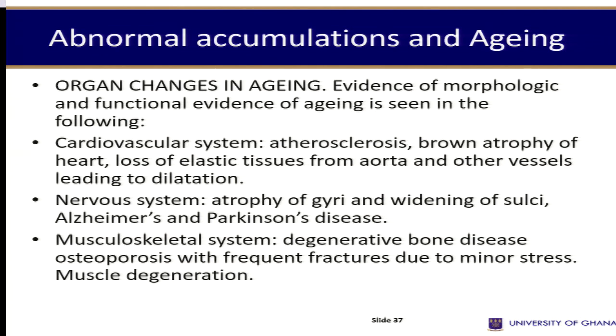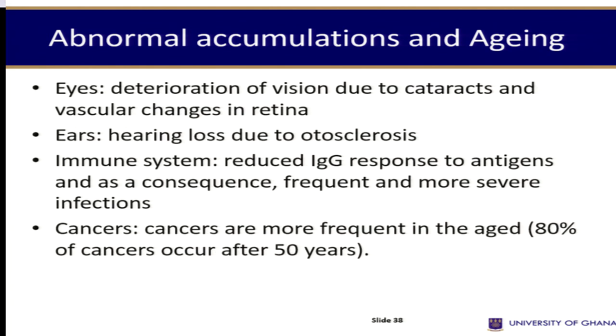What are the changes in the organs that we see, however? We see in the cardiovascular system changes like atherosclerosis, brown atrophy of the heart, and loss of elastic tissue. In the brain, we find atrophy, like the picture we showed earlier. In the musculoskeletal system, there is loss of bone mass called osteoporosis, and then fractures and muscle degeneration.